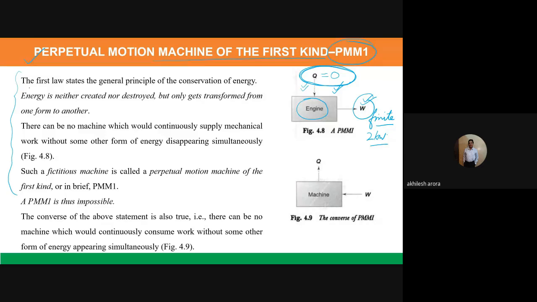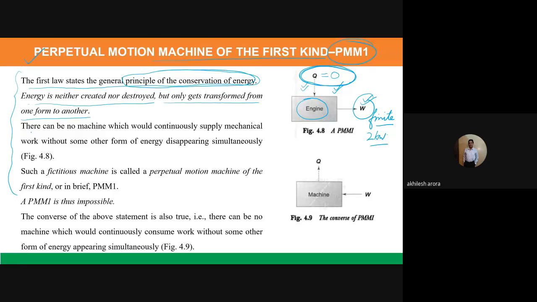You can read it. The first law states the general principle of conservation of energy. Energy is neither created nor destroyed, but only gets transformed from one form to another. It means we can convert heat energy into work, into say kinetic or mechanical energy, potential energy, light energy, or electrical energy.